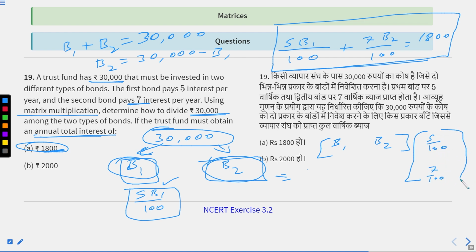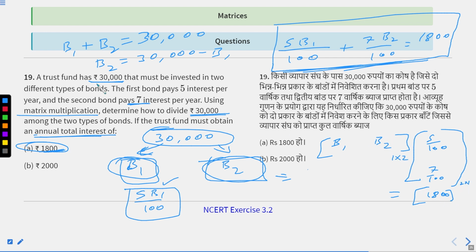If you multiply, B1 will be multiplied with this plus B2 will be multiplied with this, you will get the same expression. And this is equal to just a 1 cross 1 matrix. Why? Because as you can see, 1 cross 2 and 2 cross 1 will give you 1 cross 1.